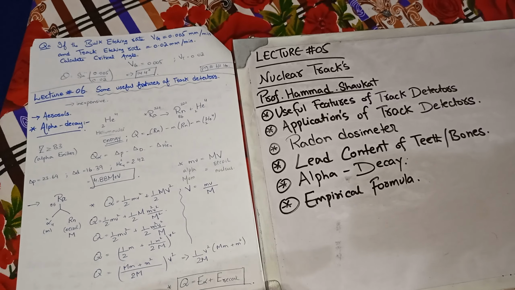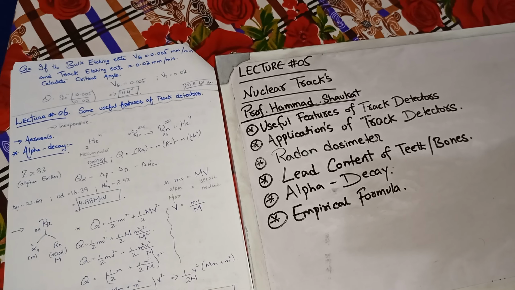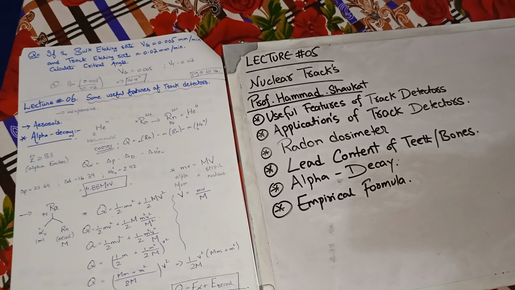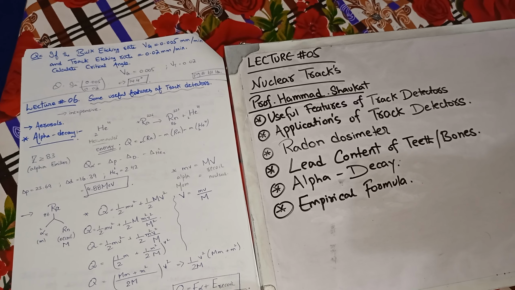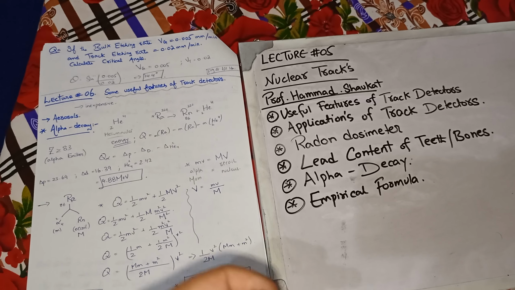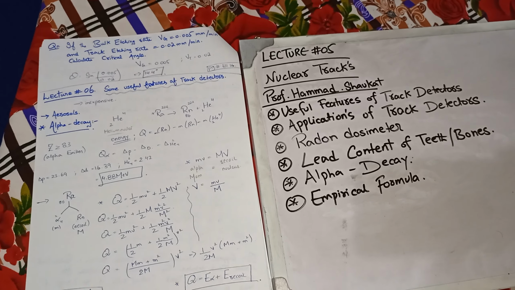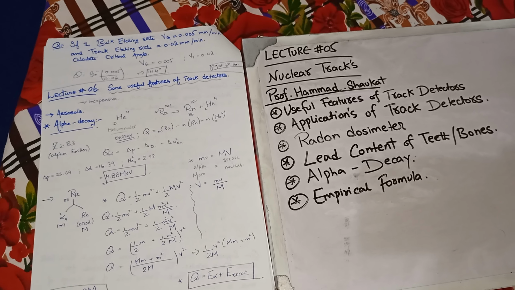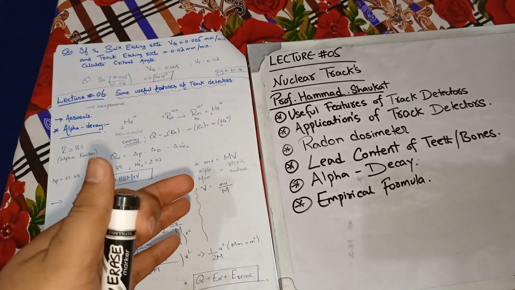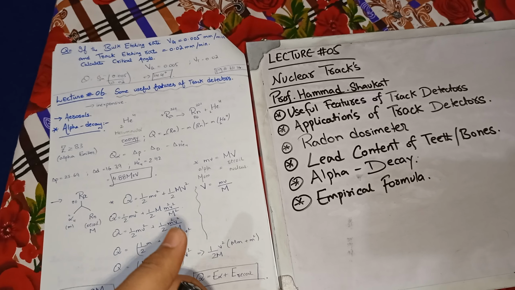Much of the use of SSNTD in nuclear physics research comes from the ability of the method to identify the type of charged particle that produced the track. In the case of an etched track, two parameters are essentially measured: the track etch rate Vt and the residual range R, at which Vt holds good.